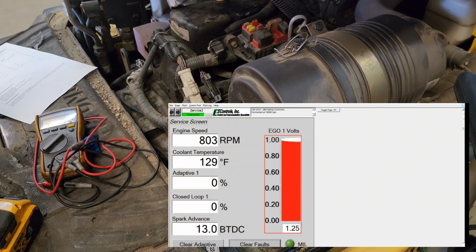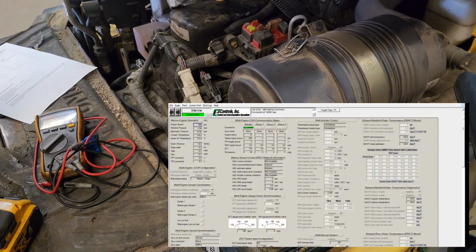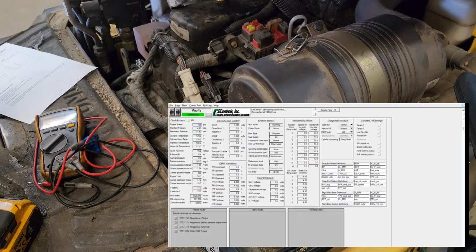See right here, still an open loop. Okay. The oxygen sensor, of course, is going to read rich for now until we go into closed loop. A good indication though is that we don't have an active fault anymore, and it is running much smoother than it was before.